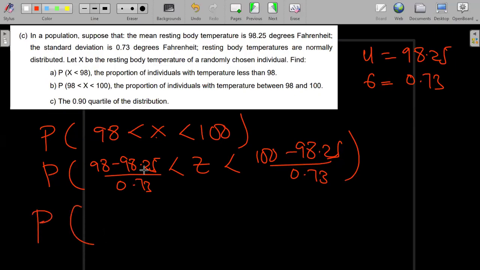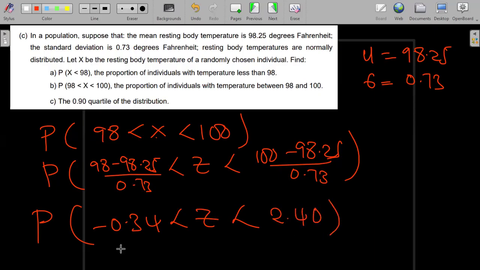Now this one here, I'm going to get minus 0.34 less than Z. And then this one, if I punch it into my calculator, I'm getting 2.40.